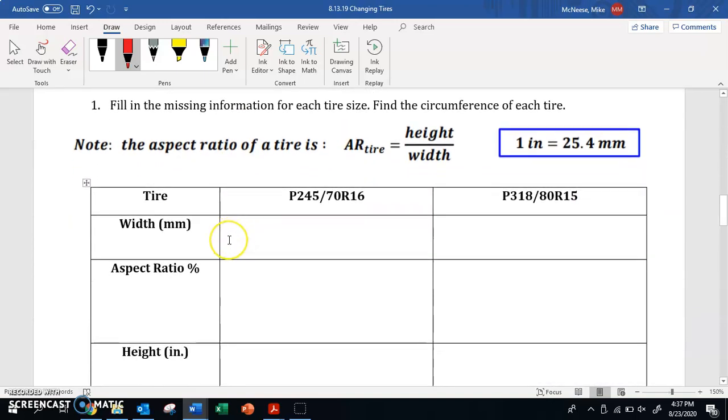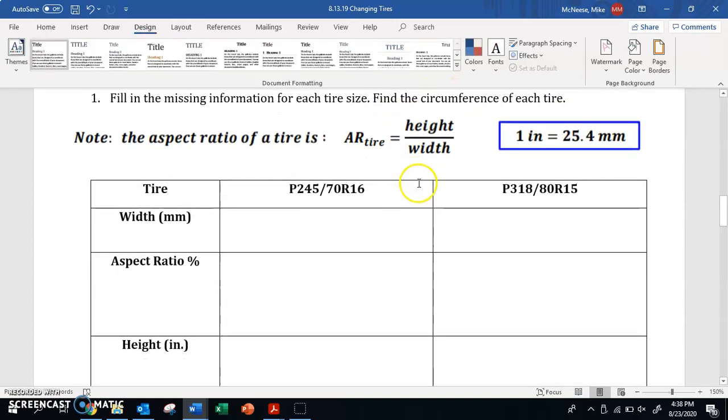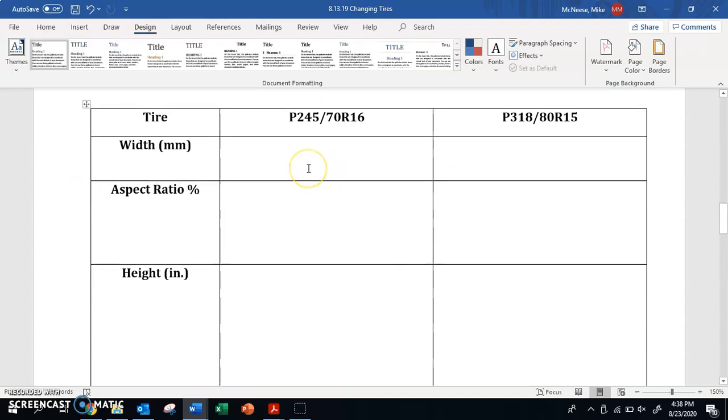First, we want to compare each of these items on the left column between the old tire and the new tire. And remember, aspect ratio is just height divided by width. At some point down this table, we're going to have to convert from millimeters to inches. So here's a unit of measure: 1 inch is equal to 25.4 millimeters. The first thing we want to do is find the width of the tires in millimeters.